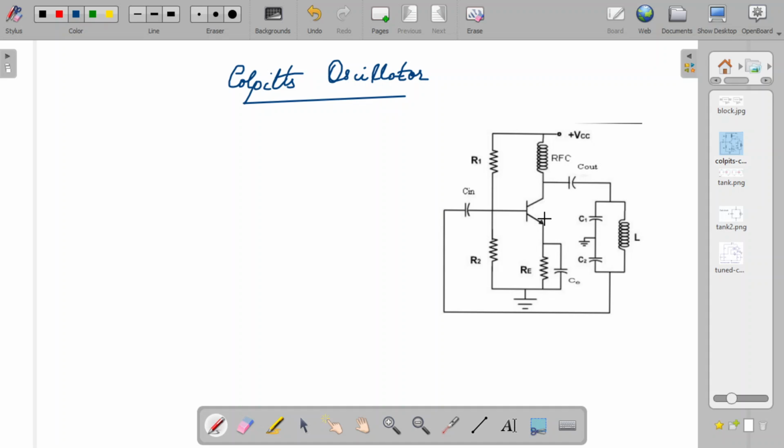Now another important thing to understand is that this tank circuit produces oscillations as in the LC oscillators.